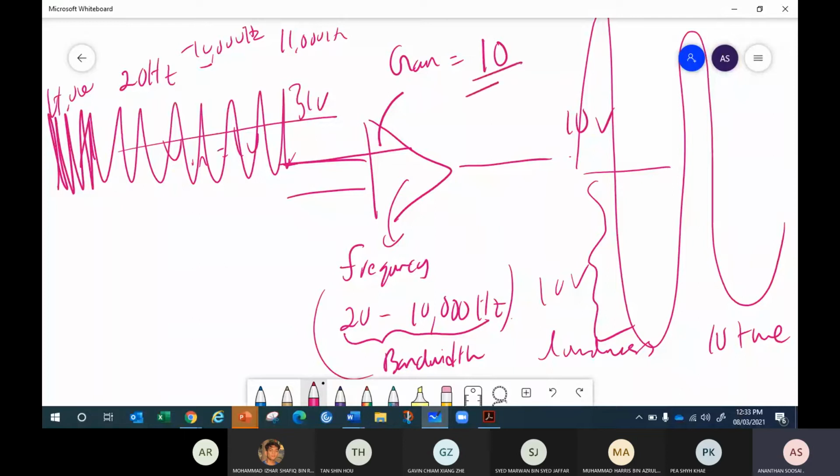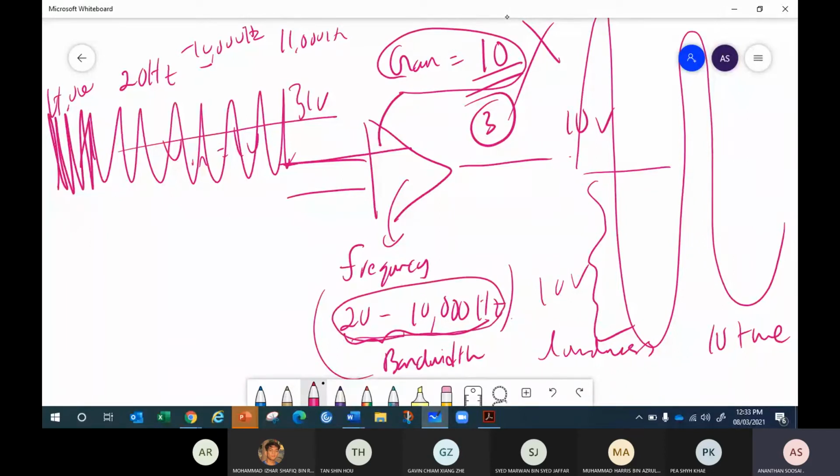The op amp won't give gain 10. It might give gain 3 maybe. That means it never works at the optimum level. The gain is only 10 when the frequency is within the bandwidth. If the frequency exceeds the bandwidth, then the operational amplifier won't give that gain. It becomes less efficient. Suddenly the sound becomes less loud.